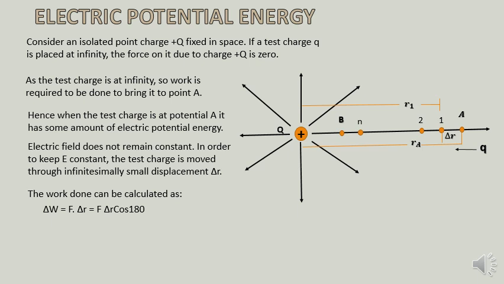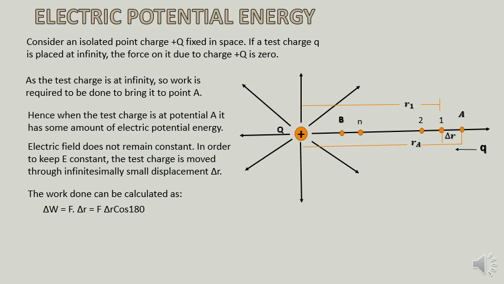Why do we put 180 degrees? Because we move the test charge towards the positive charge, against the electric field, since the Coulomb force shows a repulsive force between these two charges because they have the same polarity.